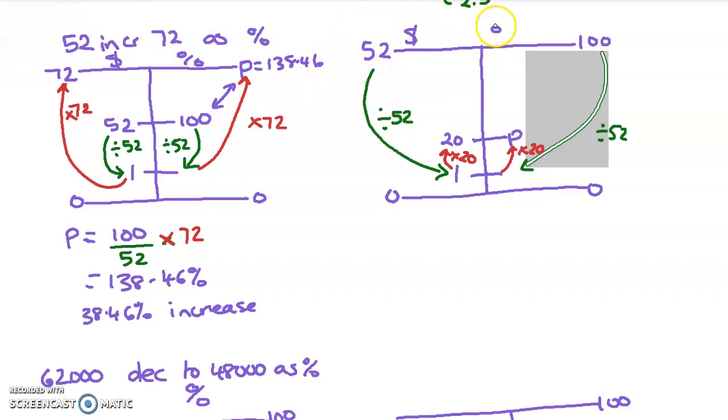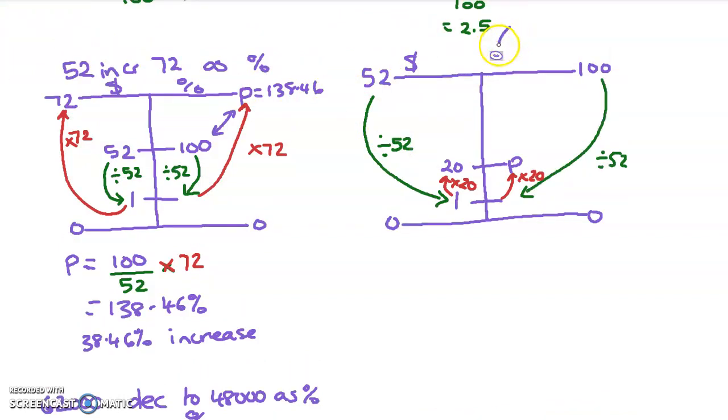So this is my dollars, this is my percent. So my percent equals, let's follow those arrows backwards, 100. What did I do to it? Divided it by 52, and then I multiplied by 20.